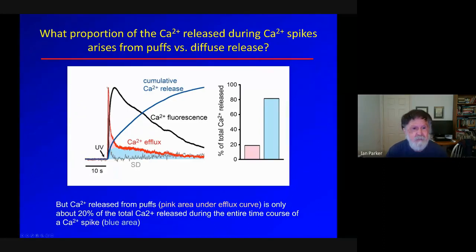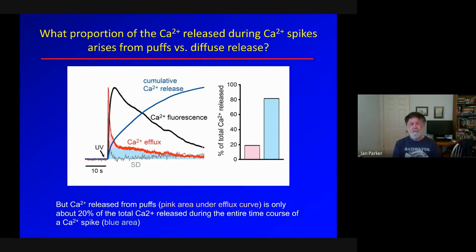We then tried to estimate the calcium flux into the cytosol. We did that by taking the rise in the global calcium, what calcium is in the cytosol, and then from that we subtracted what we estimated the calcium sequestration to be.